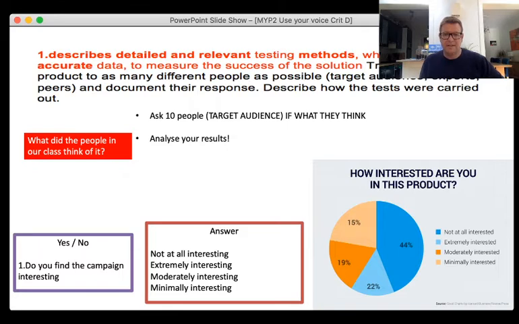That's called a Likert scale. So come up with about 5 or 6 questions that you can ask people, so they don't have to give a yes or no answer. Once you've done that, try to create some kind of graph so that we can see what the results are.